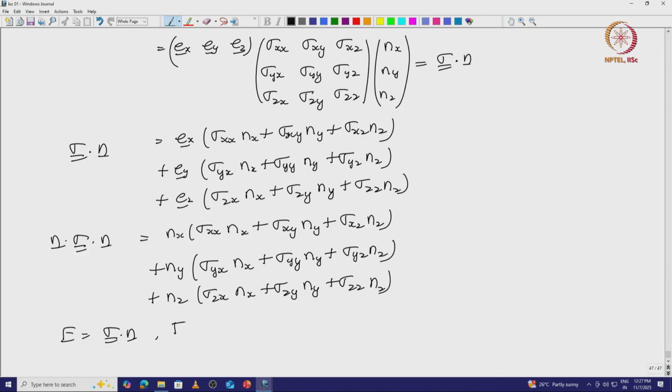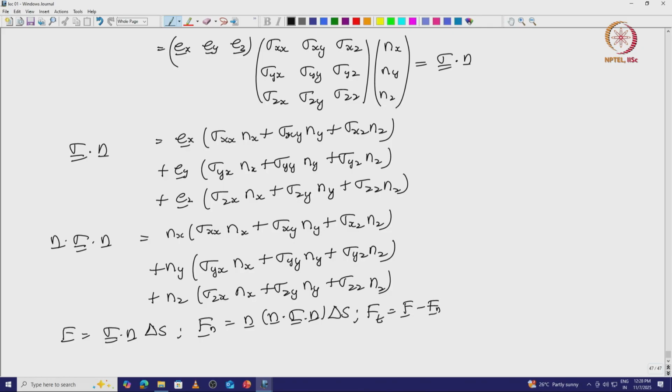The normal force is along the unit normal n, n dot sigma dot n, which implies that the tangential force... sorry, I should put the area here, delta S. The normal force is equal to the n vector into this scalar n dot sigma dot n delta S, which implies that the tangential force is equal to the total force minus the normal force.